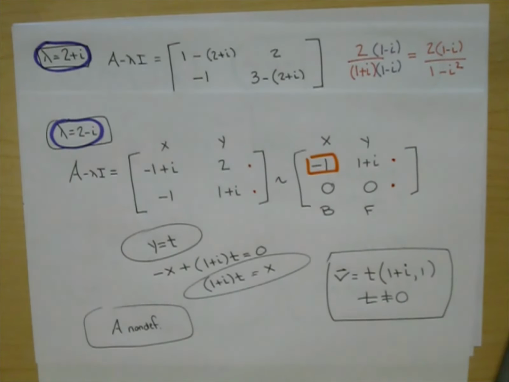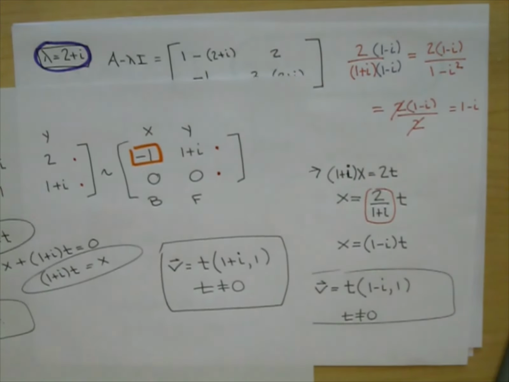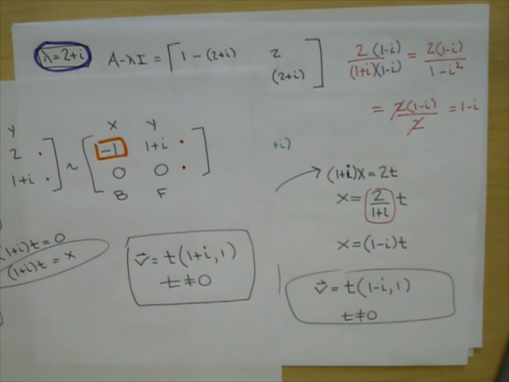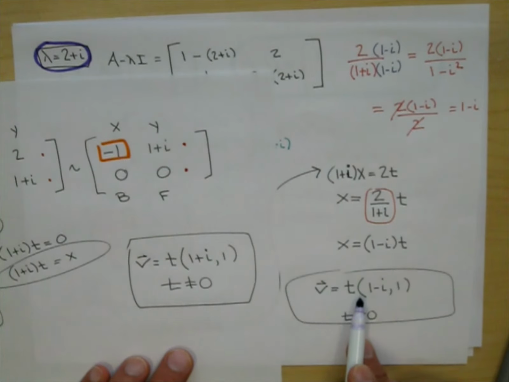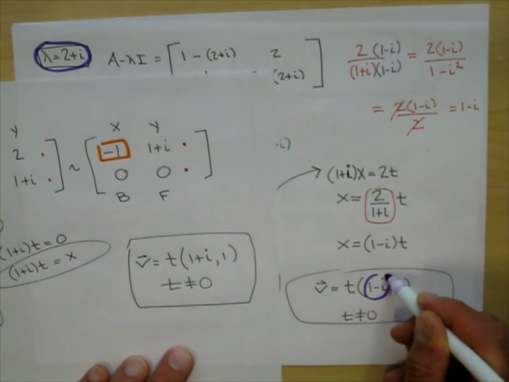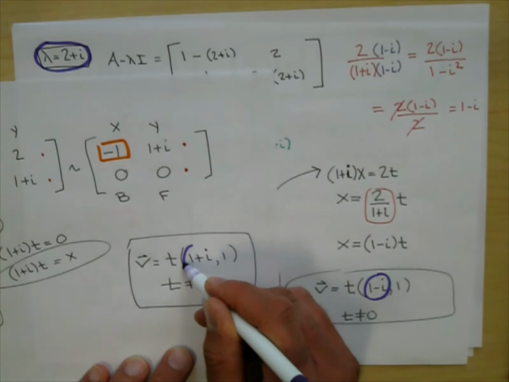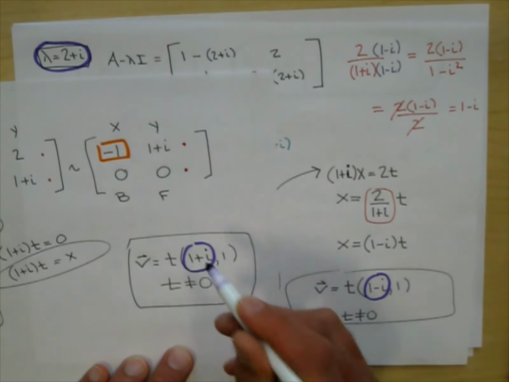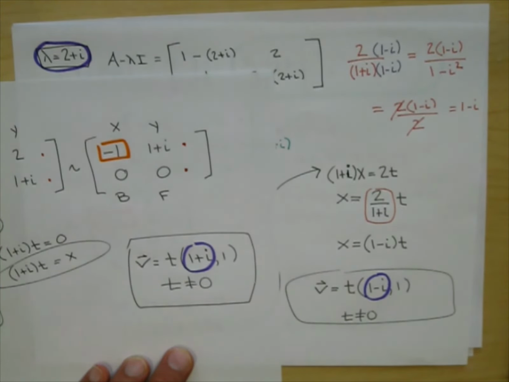Let's take a look at some of the answers here. Look at the set of eigenvectors for both of them. This guy right here, that guy right there, they are complex conjugates. Now, 1 and 1, those are also complex conjugates because this is 1 plus 0i and this is 1 minus 0i.